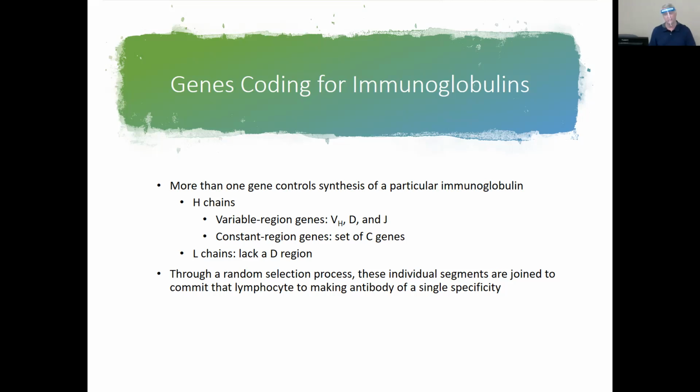The cell changes by genetics, a random selection process. These individual segments are joined to commit the lymphocyte to making antibody to a single specificity. Well, that's our main goal: the lymphocyte that's producing the antibody went through this change so that it could be variable.